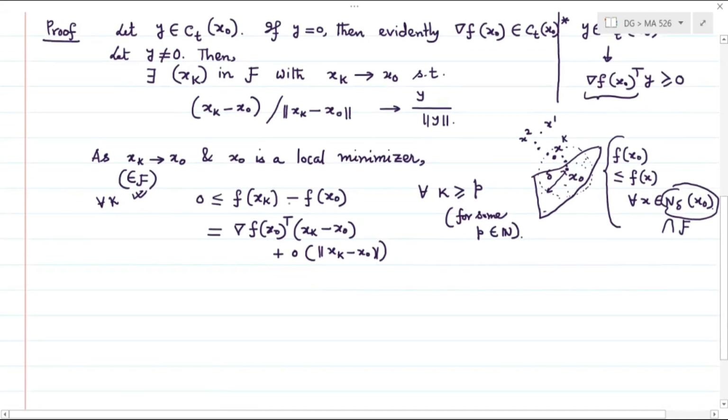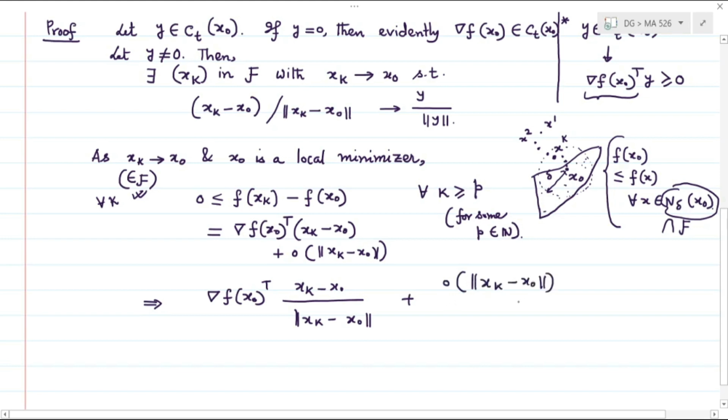Now from here we note that, dividing both sides by norm of xk minus x naught, you will have gradient of f x naught transpose (xk minus x naught) divided by norm of xk minus x naught, plus small o of norm xk minus x naught divided by norm of xk minus x naught, and this is greater than or equal to 0 for all k greater than or equal to p.